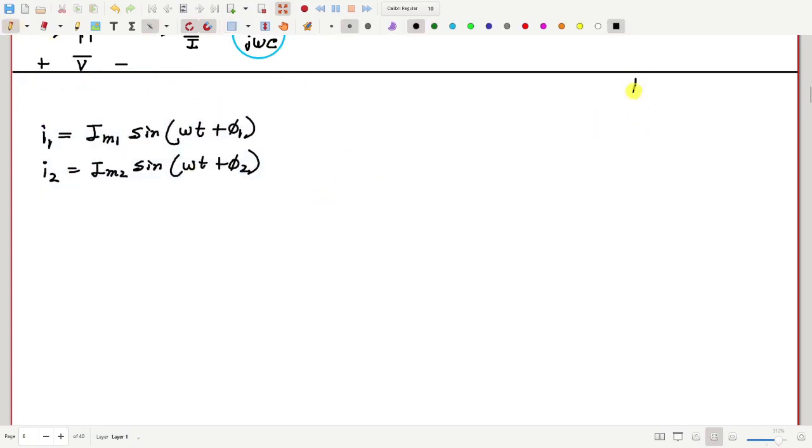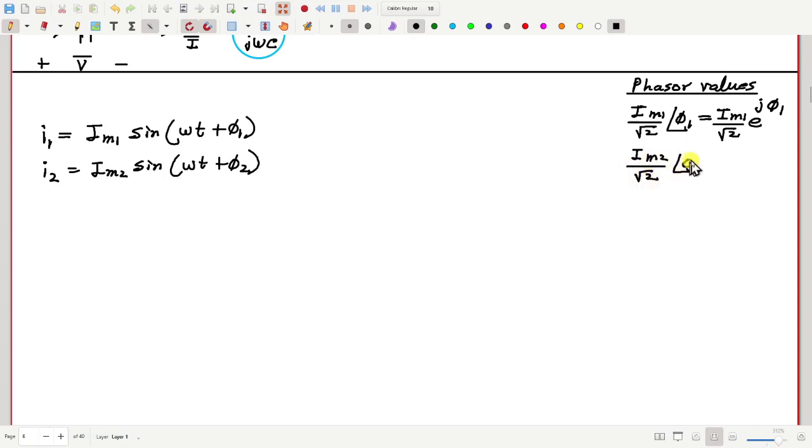So let me write the Phasor values here. For the first one, it is Im1 by root 2 angle phi 1, which is a complex number, we can also write this as Im1 by root 2 e to the power j phi 1. Similarly, the phasor value of the second current will be Im2 by root 2 angle phi 2.